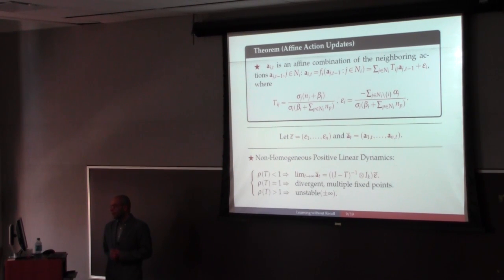There would be multiple fixed points if the spectral radius is equal to 1, and it would be an unstable dynamics with actions going to plus or minus infinity if the spectral radius is greater than 1. So we don't get consensus. We may not even ever get convergent behavior, and in some circumstances we will get convergence to plus or minus infinity. That's basically convergence to extreme options.